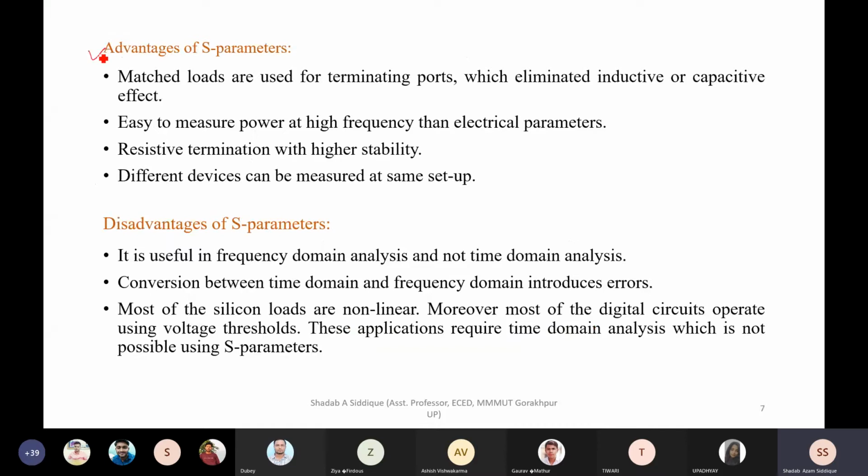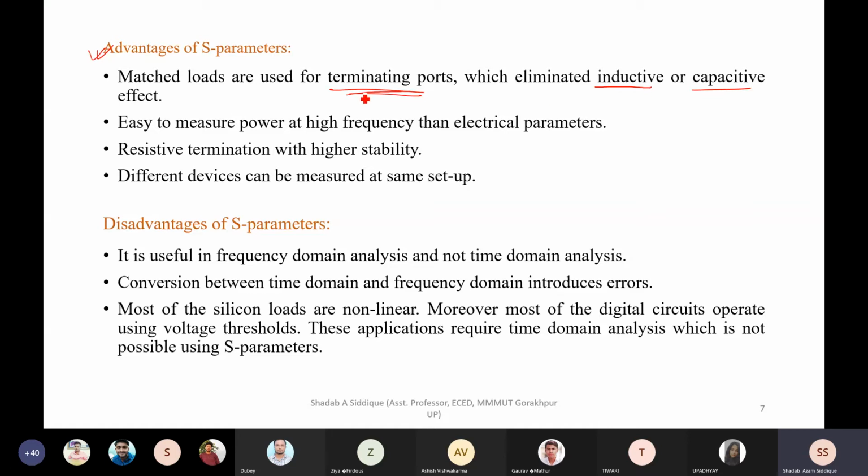So what are the advantages of S parameters? First, matched loads are used for terminating ports. If the port is terminated with a matched load, maximum power transfer takes place.